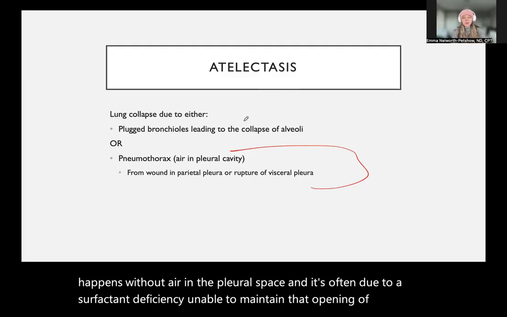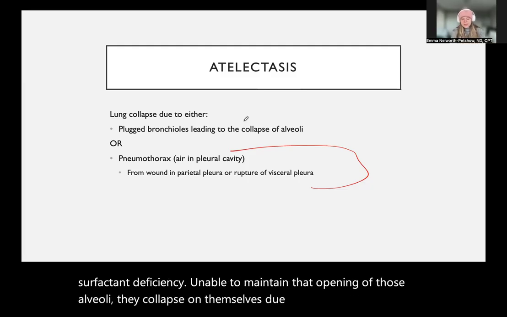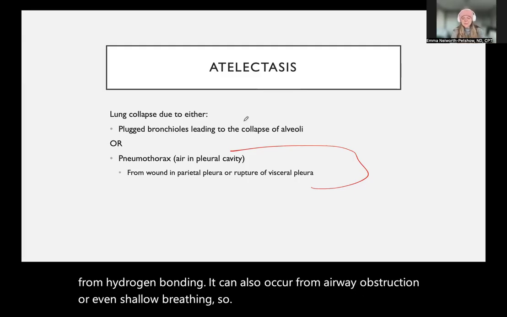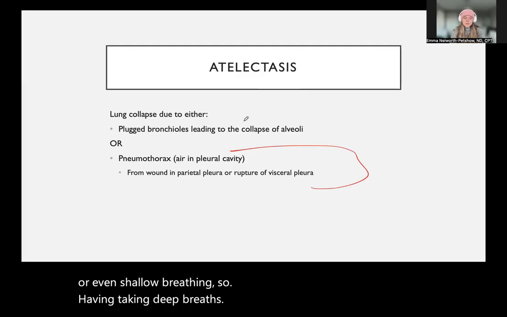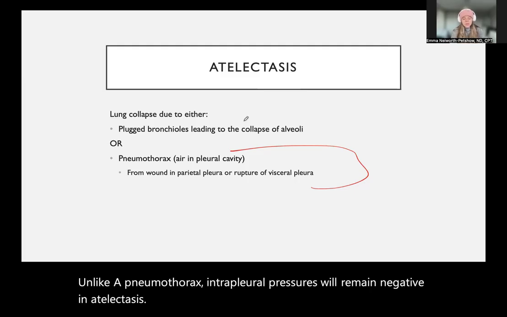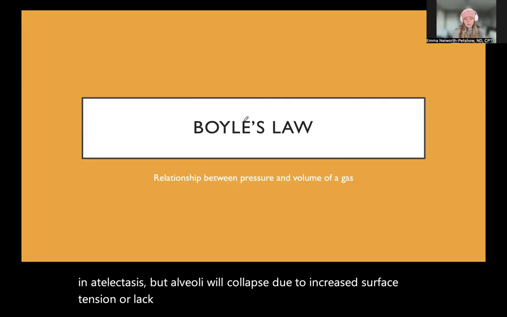They collapse on themselves due to water surface tension from hydrogen bonding. It can also occur from airway obstruction or even shallow breathing, so not taking deep breaths. Unlike a pneumothorax, intrapleural pressures will remain negative in atelectasis, but alveoli will collapse due to increased surface tension or lack of ventilation.